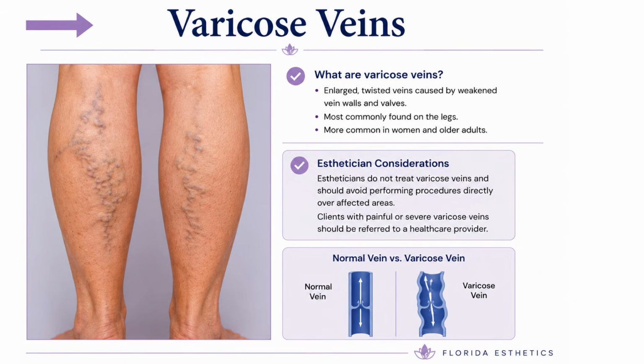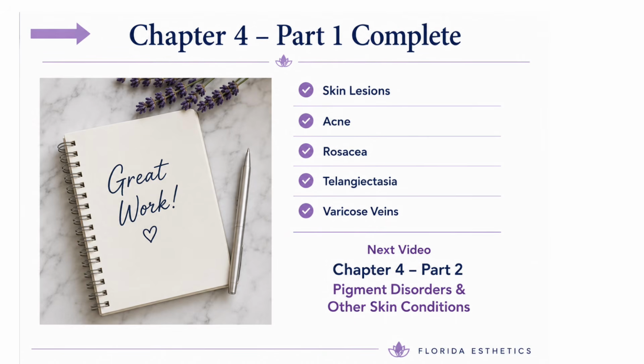As aestheticians, it is important to recognize varicose veins. Avoid applying deep pressure directly over the affected area, and refer clients to a medical professional when signs of pain, inflammation, or skin changes are present.